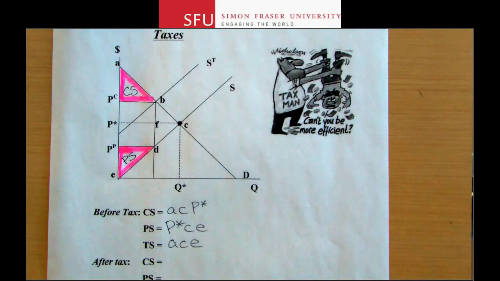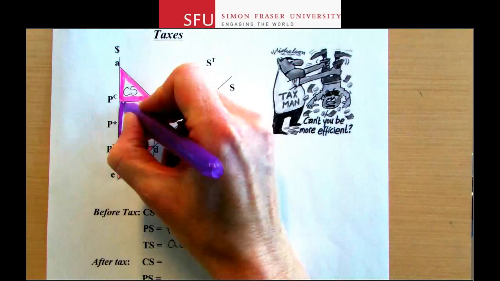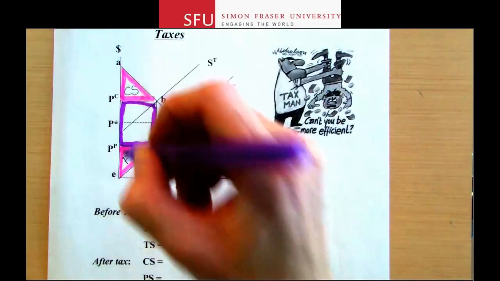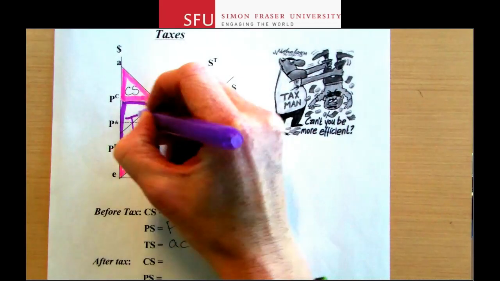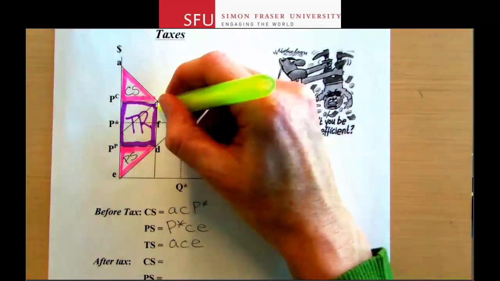And then the government gets the area in between. So tax revenue, and then of course the deadweight loss over here.